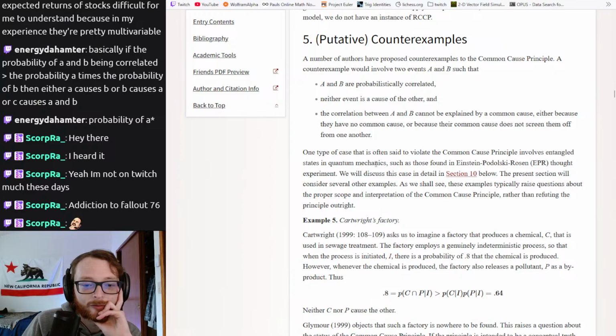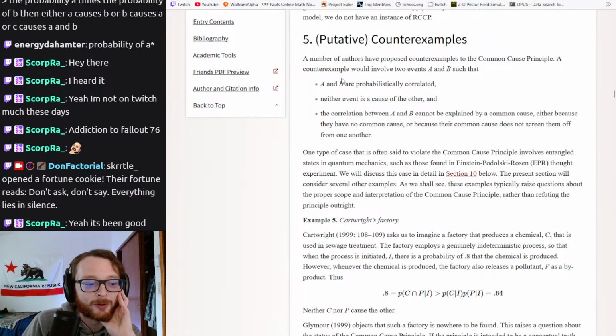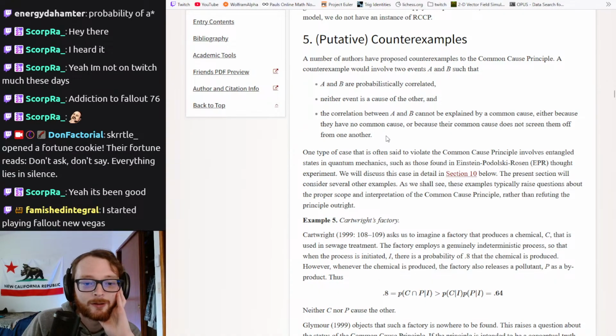Addiction to Fallout 76? That's a very fair reason. Have you been watching the TV show? I'm all caught up. Don't ask, don't say. Everything lies in silence. Ooh, that's a cool fortune. It's been good. Yeah, I really love it. I mean, I do have some gripes with it, but overall, I really love it.